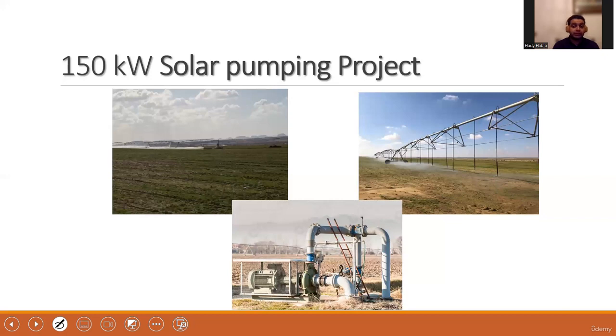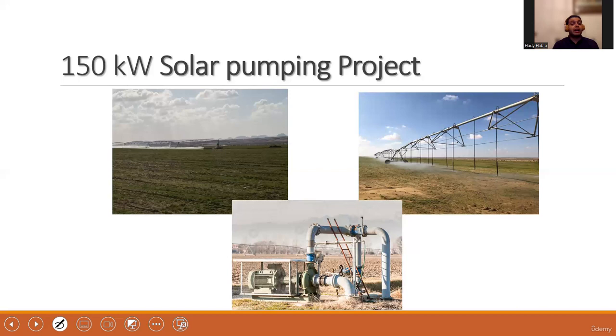We worked a lot in many communities in order to turn them to work with 100% renewable energy. We worked on solar pumping projects in the desert, working standalone, and we did irrigation in such locations from only PV systems in an isolated mode.